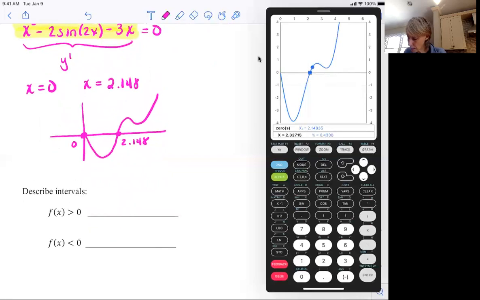So that's going to be from 2.148 to 2 pi. And I can include 2 pi. I can't include 2.148 because my inequality sign is strictly greater than. And f of x is less than 0 from 0 to 2.148.